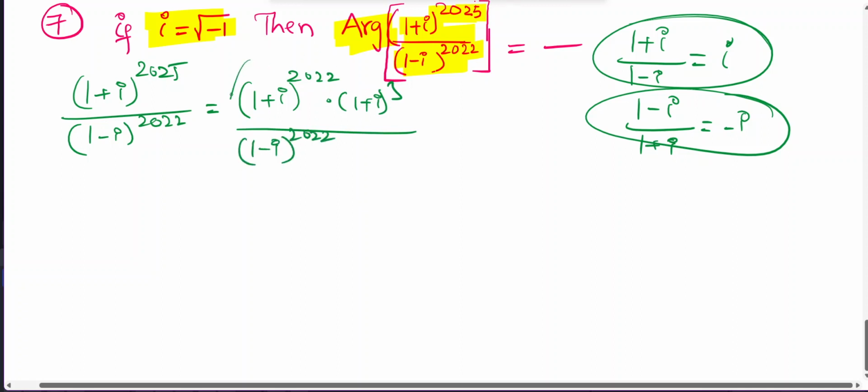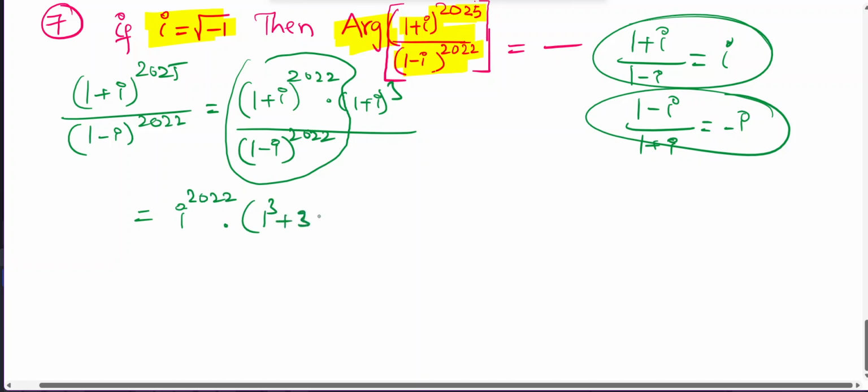Here (1 plus i) by (1 minus i) whole power 2022 is i to the power of 2022, into (1 plus i) whole cube. For (a plus b) whole cube, this is 1 cube plus 3i plus 3i square plus i cube.